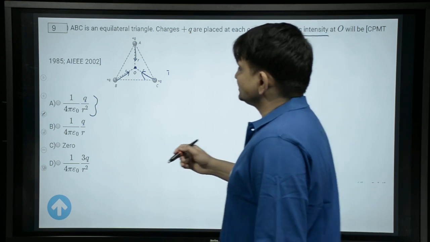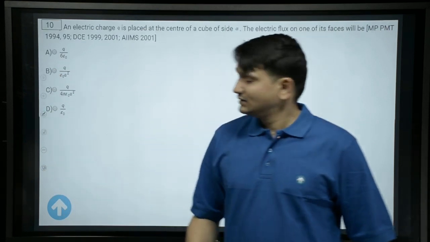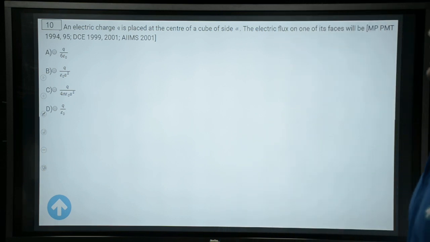Now the final question which I want you to consider as homework, this one. An electric charge Q is placed at the center of a cube of side alpha. The electric flux on each of the faces will be.